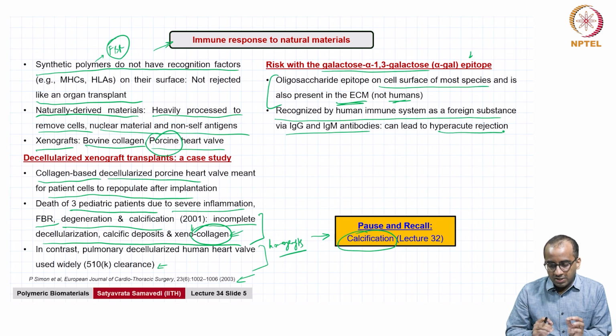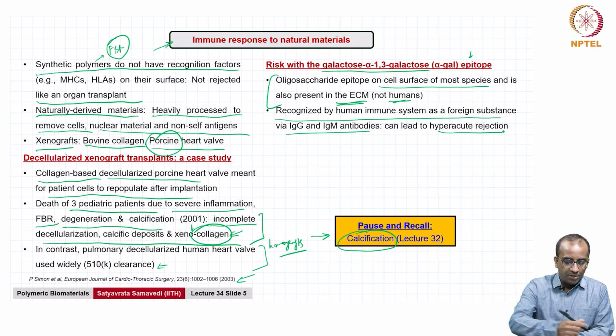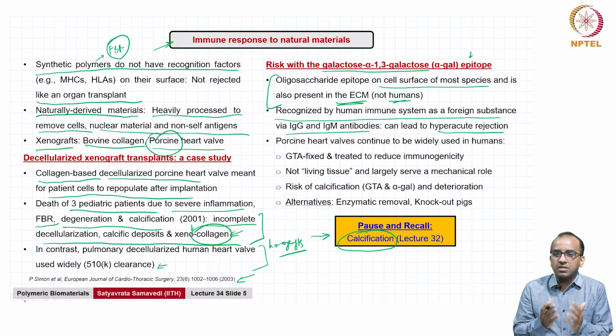Now, despite this risk, porcine heart valves continue to be used even today very widely in humans, and the reason is the processing has changed quite a bit. We have better methods of processing. One is glutaraldehyde fixation.